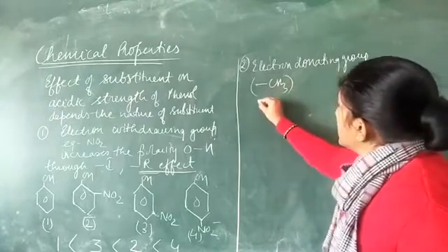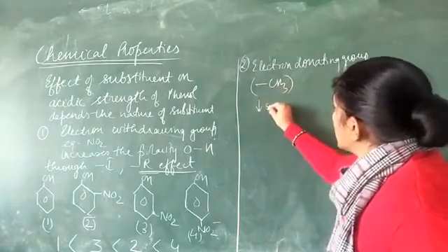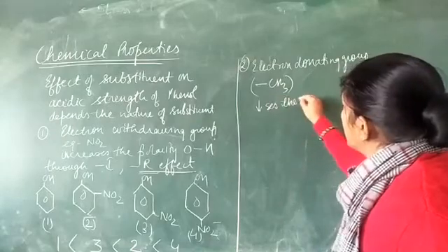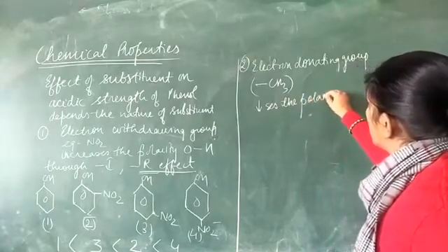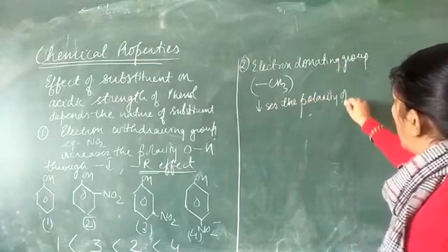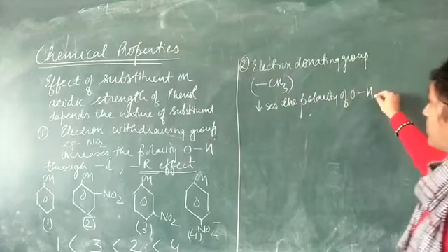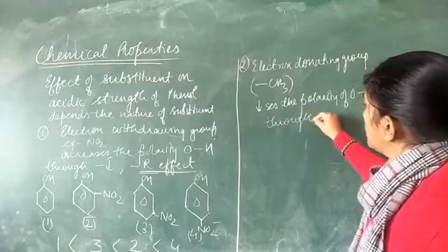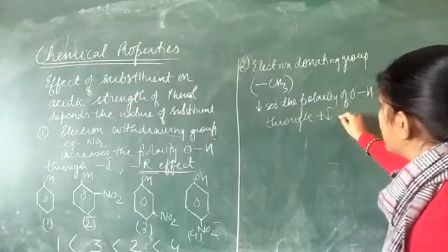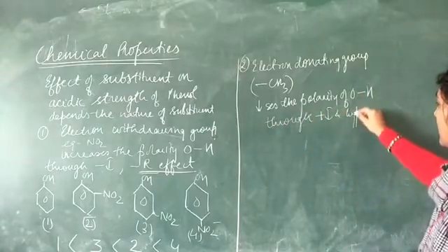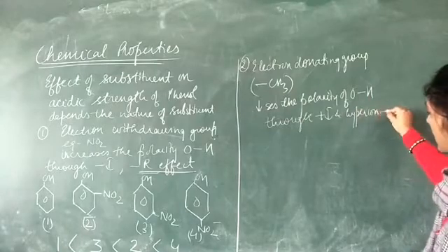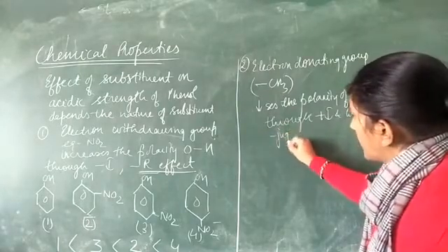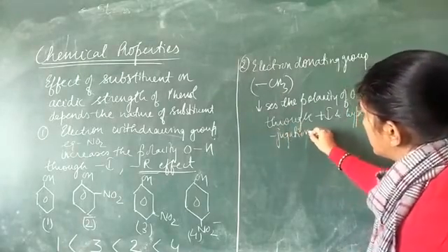So these groups decrease the polarity of the O-H bond through plus I effect and hyperconjugation, right?